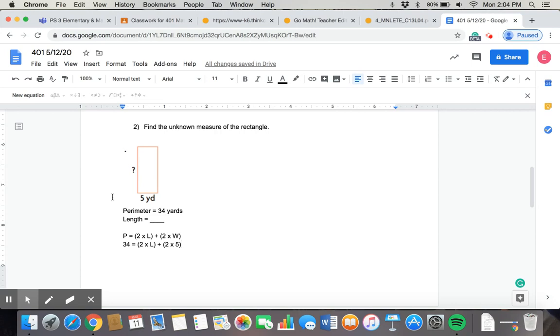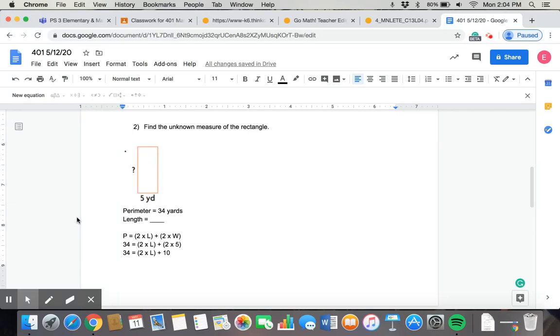Now I'm going to go ahead and solve as much as I can before I can't do anymore. So again, I know 34 equals 2 times L plus 10. So now I'm at a point where I can't multiply 2 times L and add it to 10, right?